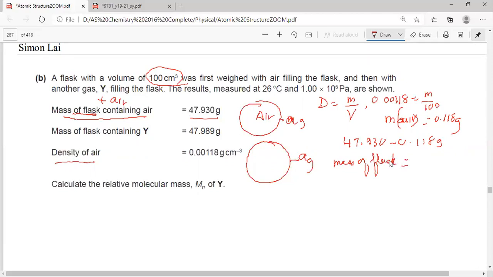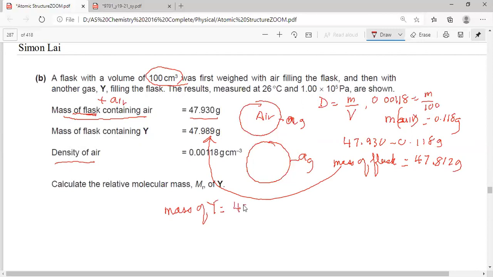Which is how much? You can check it out, 47.812 grams. So of course now I can subtract from here to get my mass of Y, can't I?